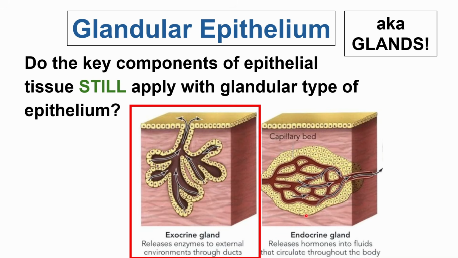Because it transports its secretions into the bloodstream, and it doesn't need a duct system because the blood vessels are directly embedded and closely located to the secreting cells. Okay? Anyway, let's focus on the exocrine gland.